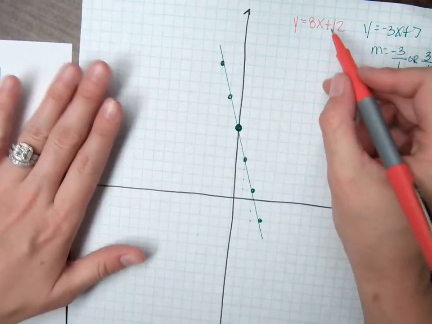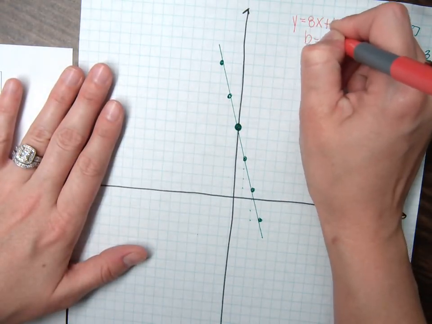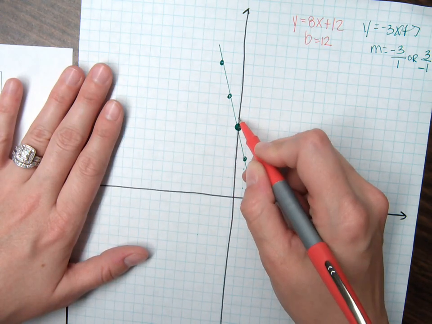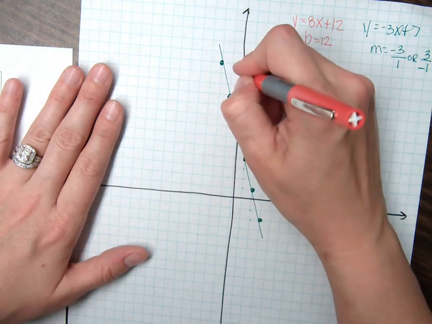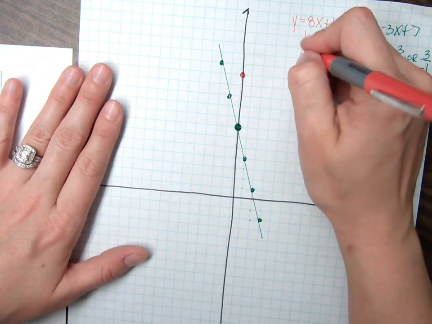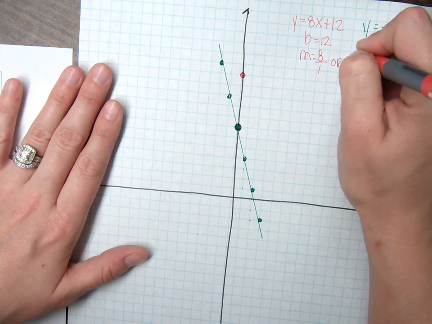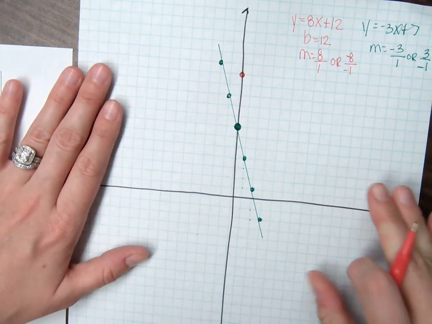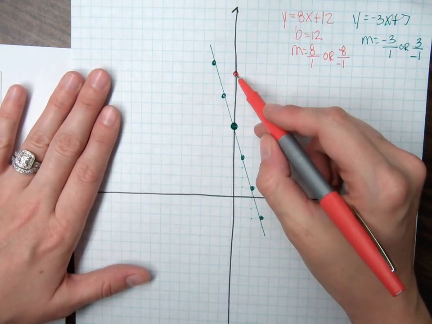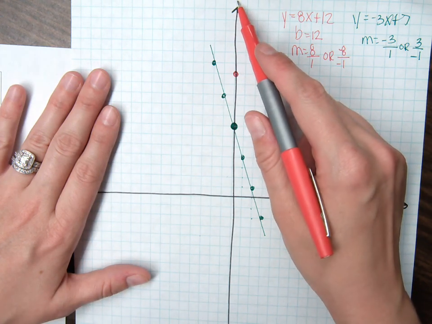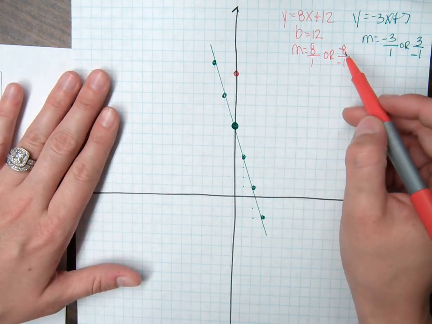Now it's time for our red line. My y-intercept is 12, so we're going to go up to 12. 1, 2, 3, 4, 5, 6, 7, 8, 9, 10, 11, 12. My slope is positive 8 over 1. The opposite of that is negative 8 over negative 1. So from here we're going to go up 8. 1, 2, 3, 4, 5, 6, 7. I'm out of room, so I need to go the opposite.